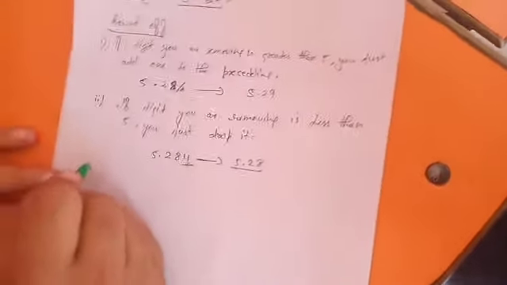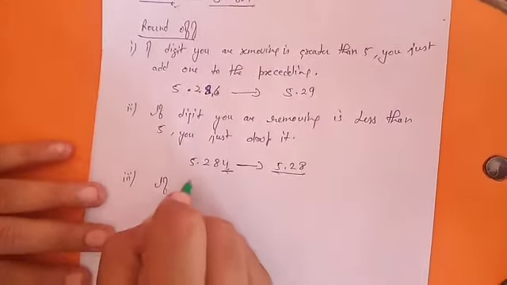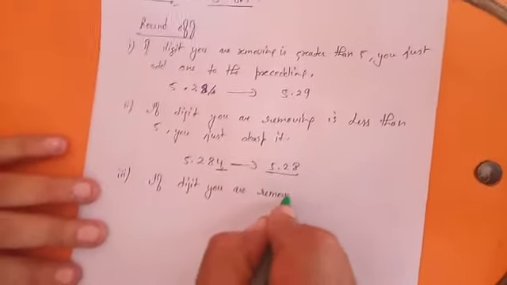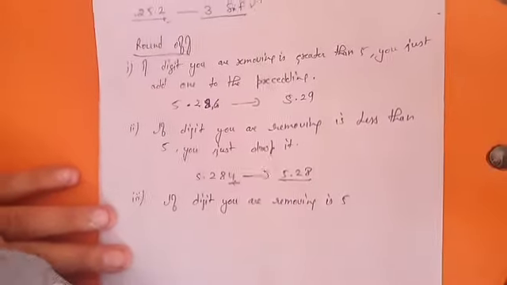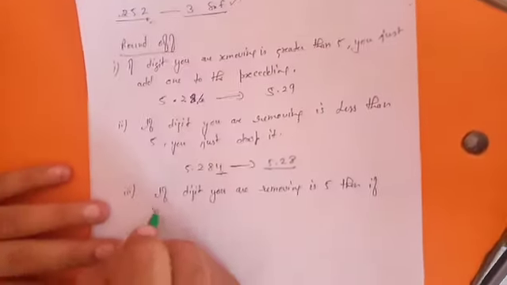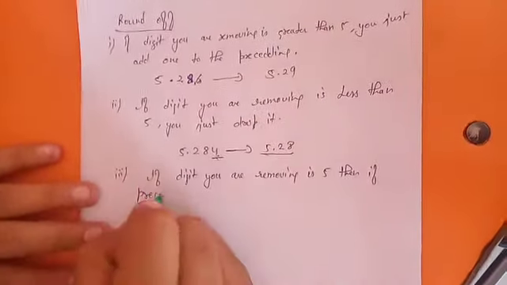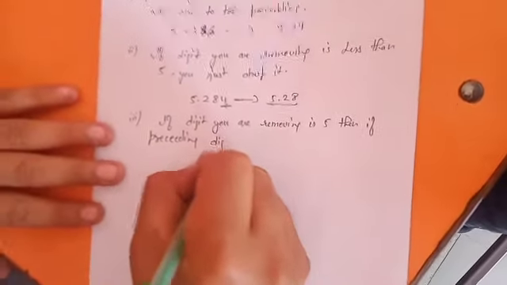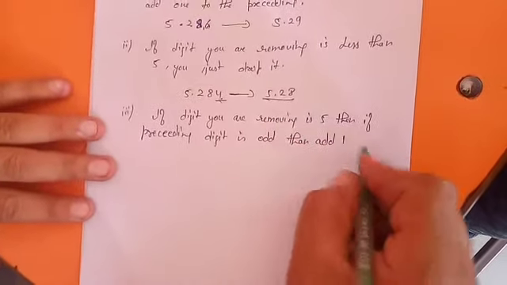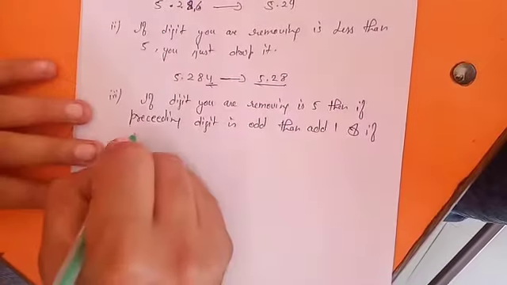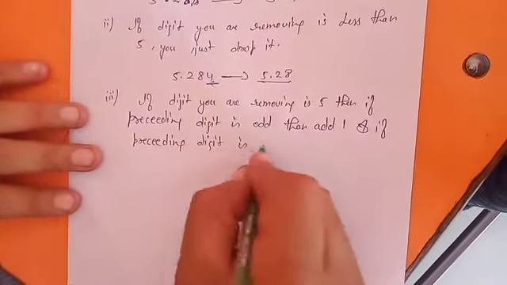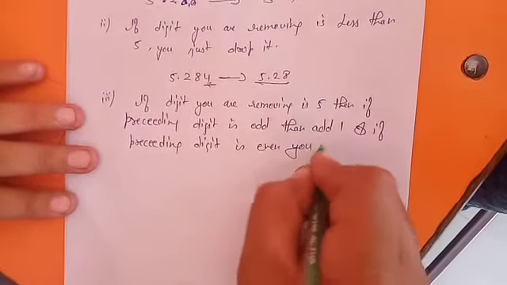Okay, the third rule, which is important: if the digit you are removing is exactly 5, then there exist 2 cases. If the preceding digit is odd, then add 1. And if the preceding digit is even, you just drop that 5.